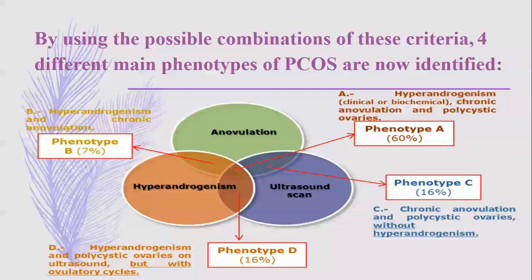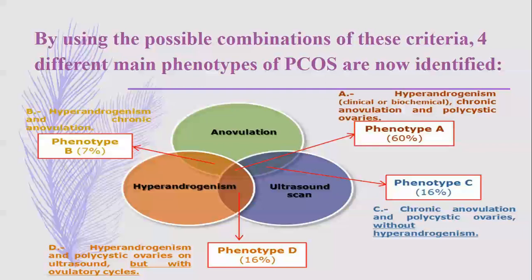Hyperandrogenism means that she has either clinical or biochemical hyperandrogenism: she presents with hirsutism, or a laboratory test shows high testosterone, androstenedione, or other investigations that indicate hyperandrogenism.